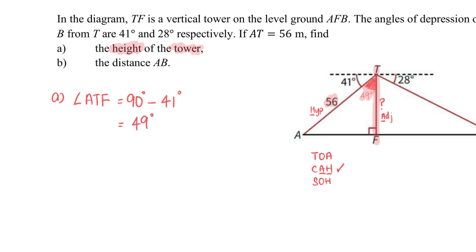Thereafter, applying the cosine ratio, cosine of this 49 degrees is equal to the adjacent side, which is TF, over my hypotenuse 56. So I'm going to multiply 56 on both sides of this equation in order for me to find my TF, which is the height of the tower.